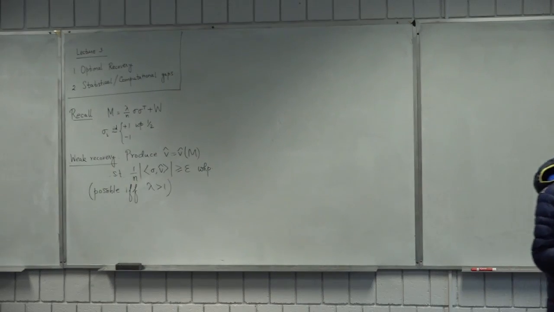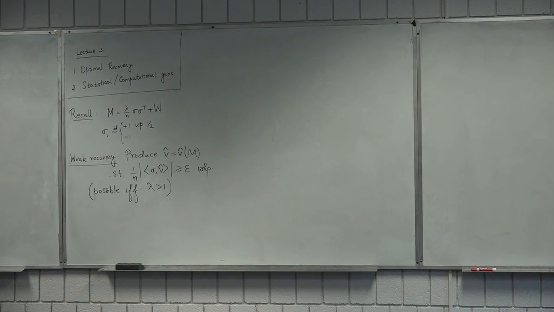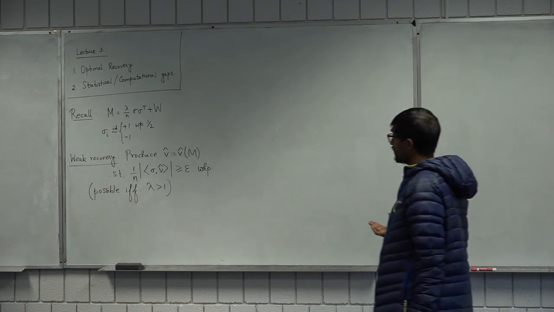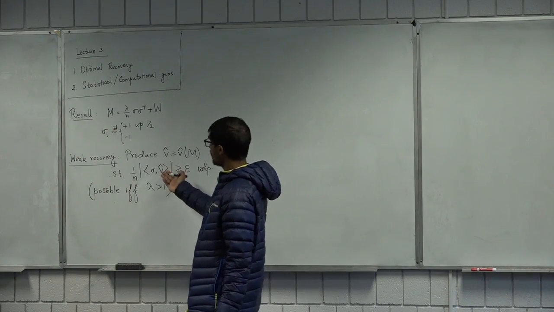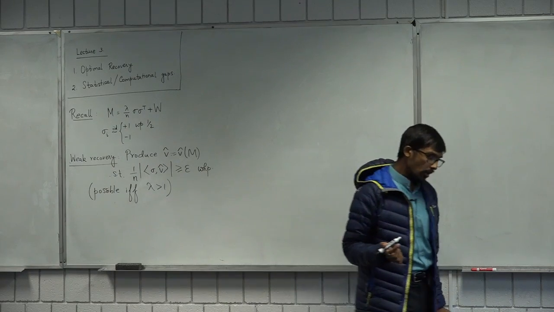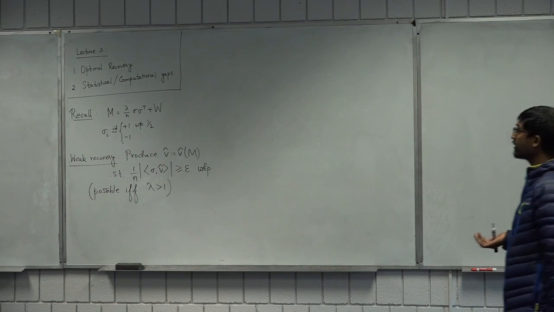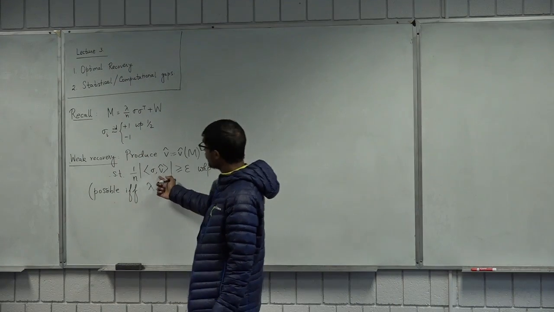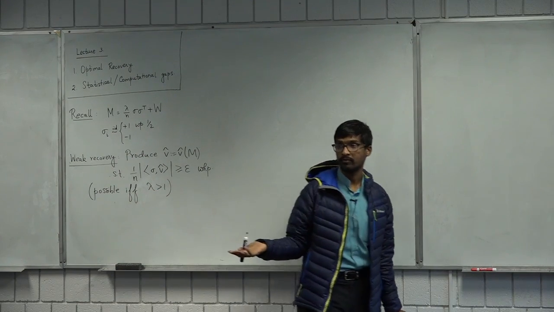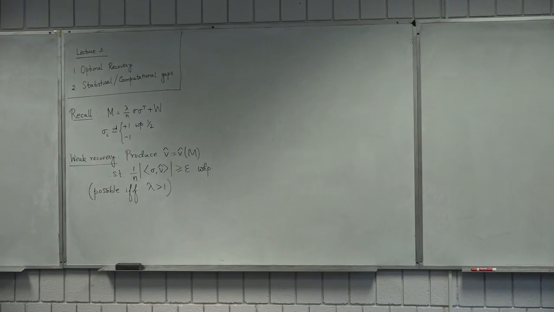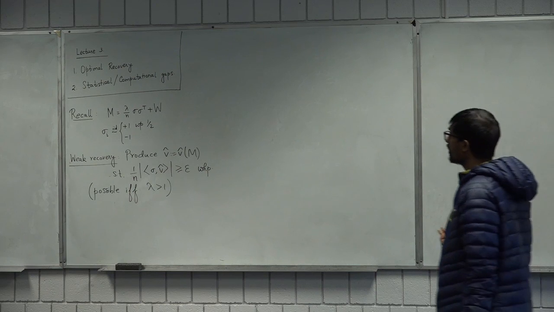For example, the spectral estimator, based on taking the eigenvector corresponding to the largest eigenvalue, doesn't really exploit the information that every coordinate of sigma is plus or minus 1. So you believe that if you had some other estimator that actually exploits this information, you would do better.